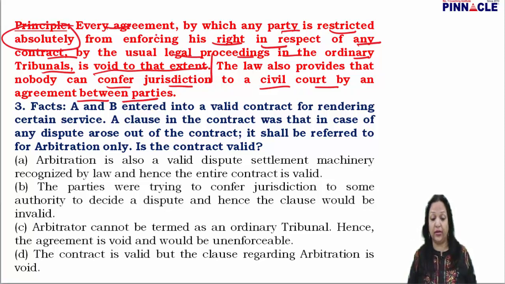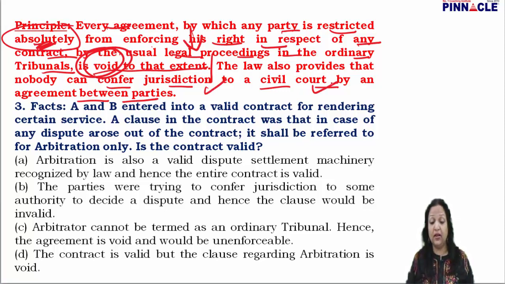Then that part, it says every agreement by which any party is restricted absolutely, you are completely restricted from enforcing the rights in respect of any contract by the usual legal proceedings in the ordinary tribunals. Then that part of the contract is supposed to be void. It will not be applicable. Okay. The law also provides that nobody can confer jurisdiction to a civil court by an agreement between parties. This has been given to you.